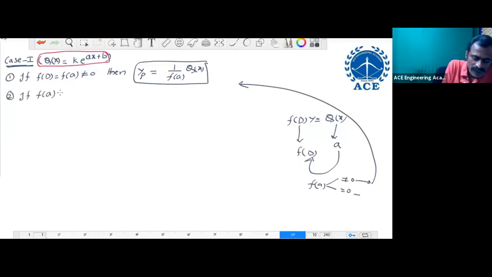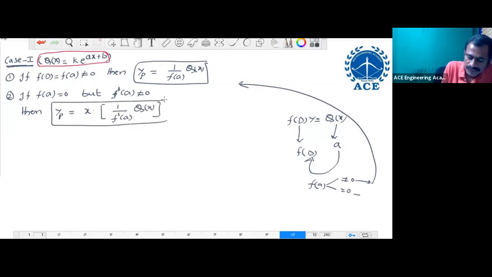If f of a equals 0, but f dash of a is not equal to 0, then yp equals x into 1 by f dash of a of q of x. This is yp. Suppose f of a is 0, then we go to the first derivative.